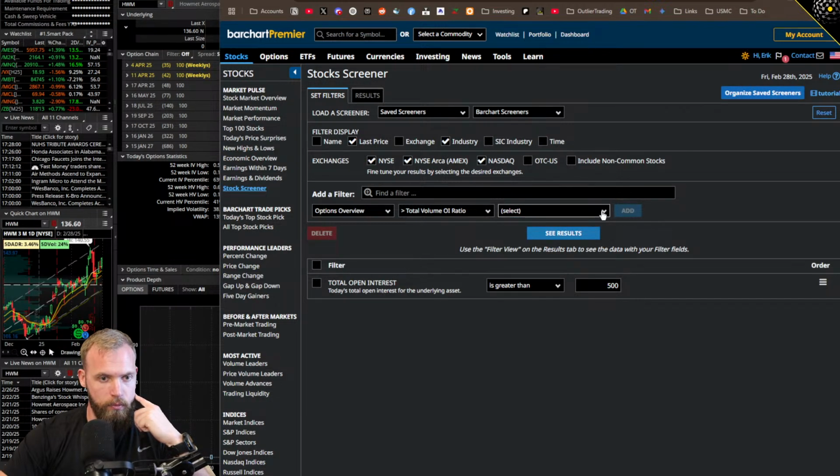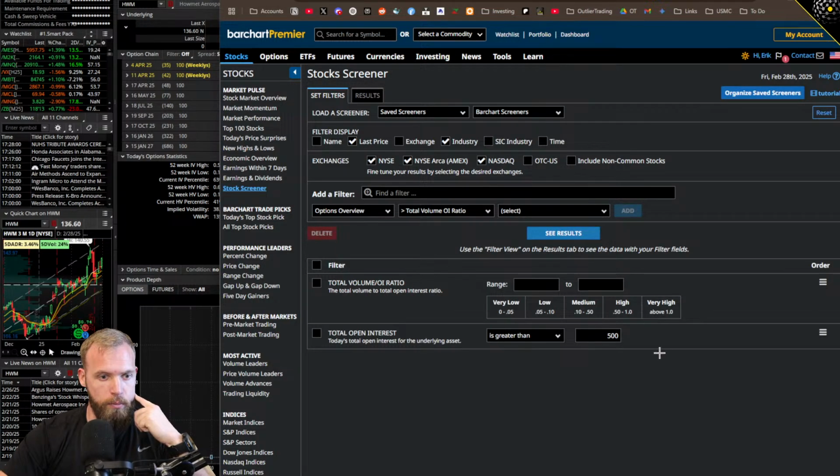And it's frozen again. We want to look at volume compared to OI. So what this scan is going to show me is in what tickers did we have explosions of volume over open interest on the day.